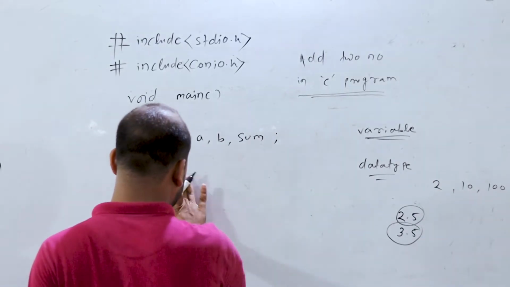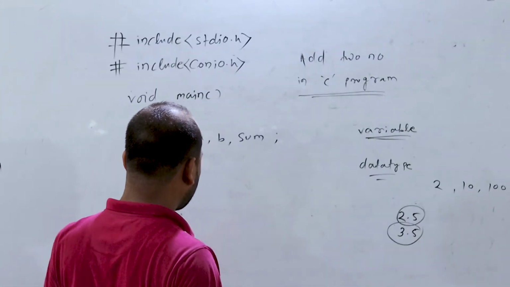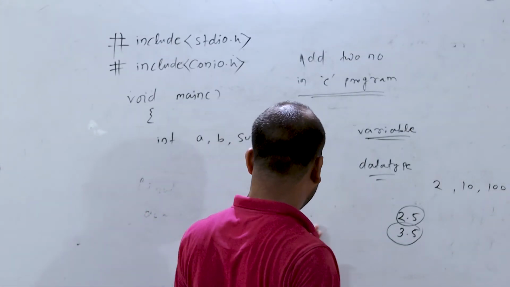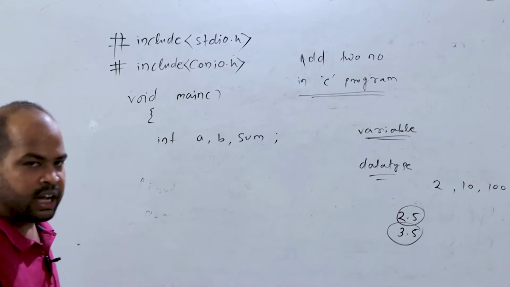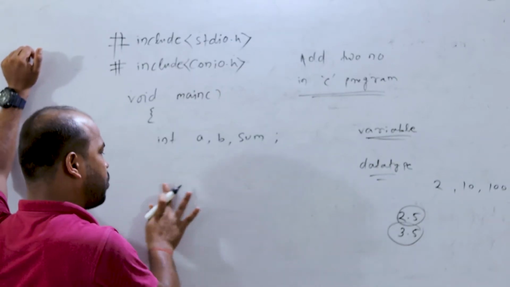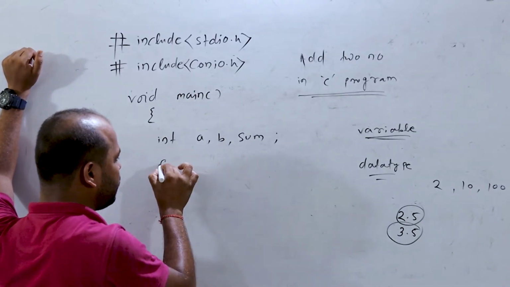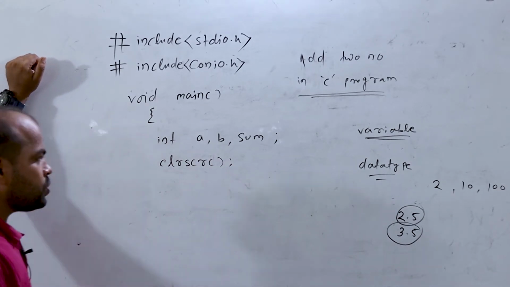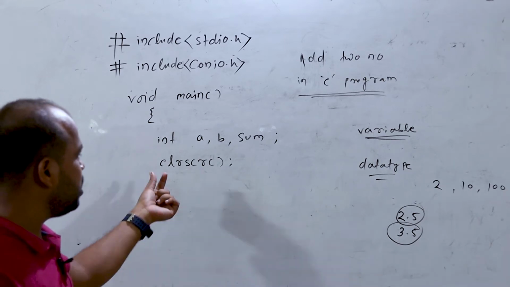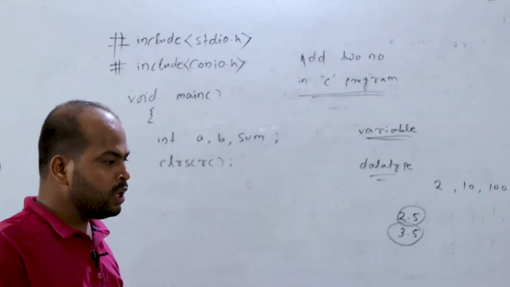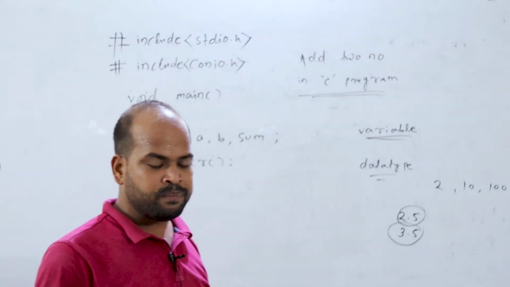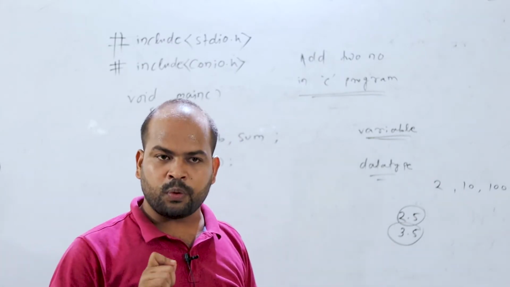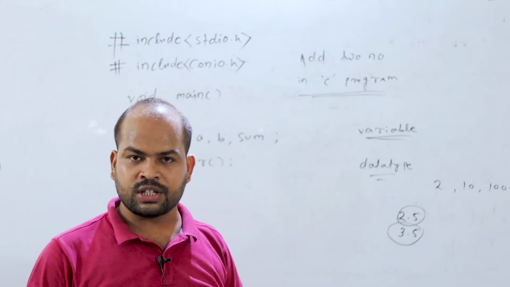Next, after declaration of variables, we have to write a function. Which function? The clrscr function. What is the purpose of using the clrscr function? That means clear screen. Because the C programming language does not provide automatic garbage collection.